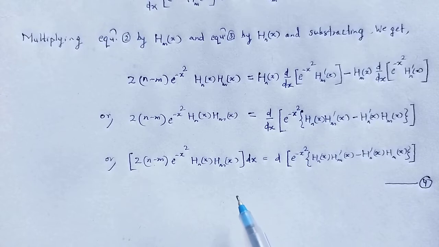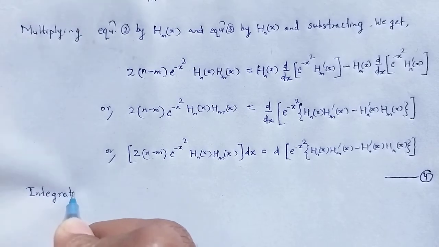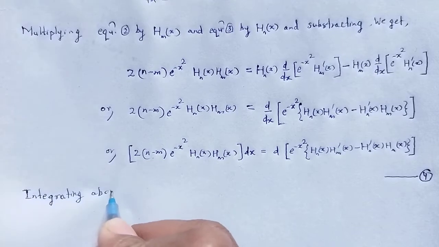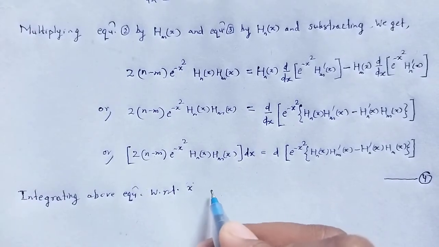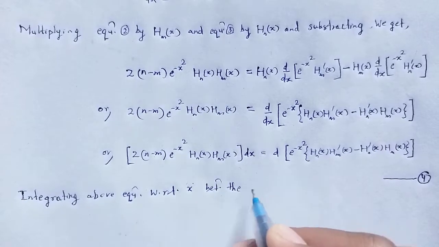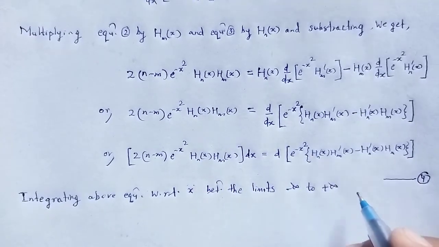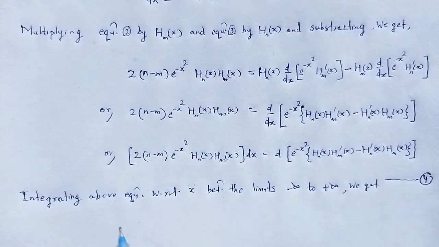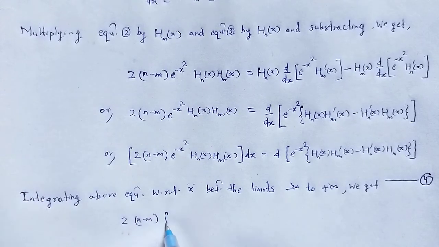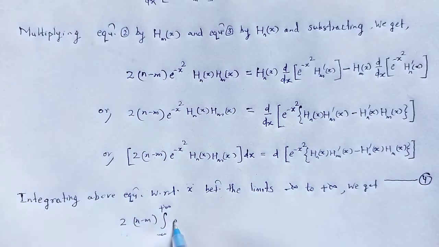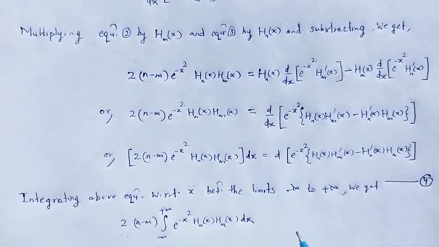Now integrating the above equation, that is equation number 4, with respect to x between the limits minus infinity to plus infinity, we get 2 into n minus m times the integration from minus infinity to plus infinity of e to the power minus x square Hn x Hm x dx.